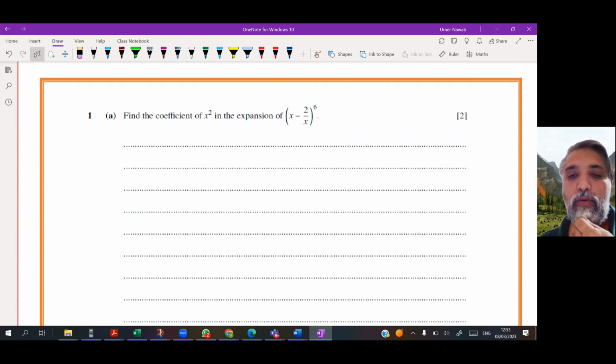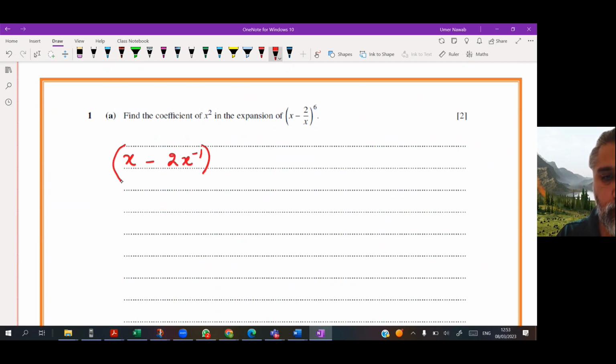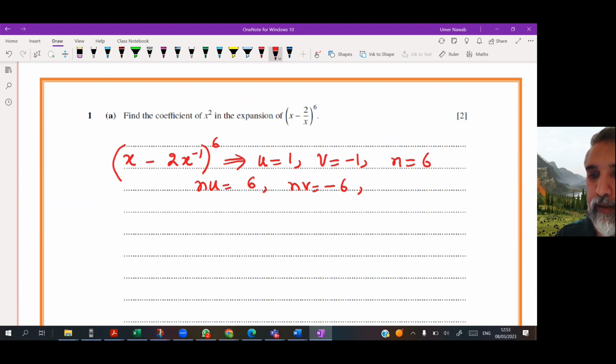Find the coefficient of x squared. So (x minus 2x raised to power -1) whole power 6. U is equal to 1. V is equal to -1. And n is equal to 6. Nu is equal to 6. Nv is equal to -6.